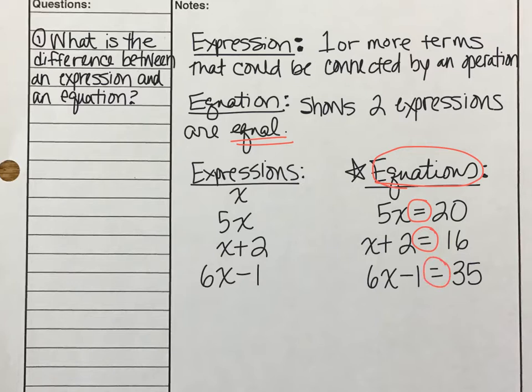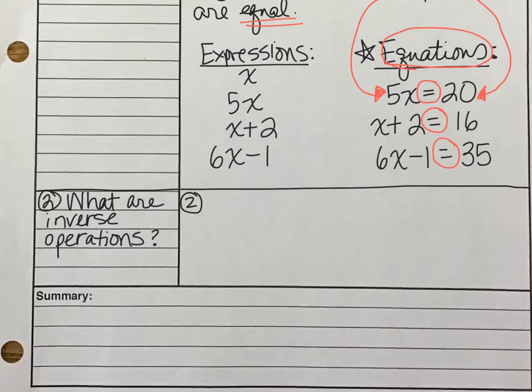So you have expressions here on the left of the equal sign, and you have an expression on the right of that equal sign. And the equation puts an equal sign between them. Once we see that equal sign, then we can work to solve an equation to find the missing value that is represented by the variable.